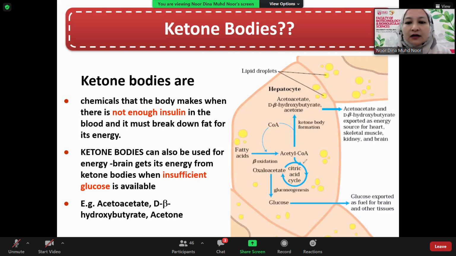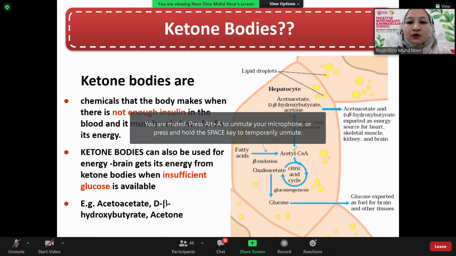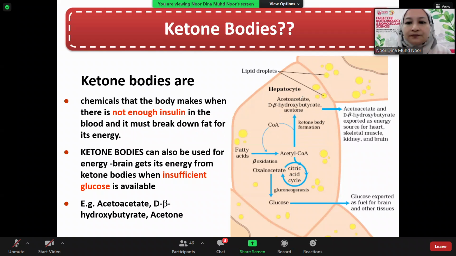Okay, so we have this acetyl-CoA, and then we have the citric acid cycle here, which will provide the acetyl-CoA, and it will finally produce acetoacetate. And this acetoacetate will be exported as energy source to the heart, to the kidney and brain.